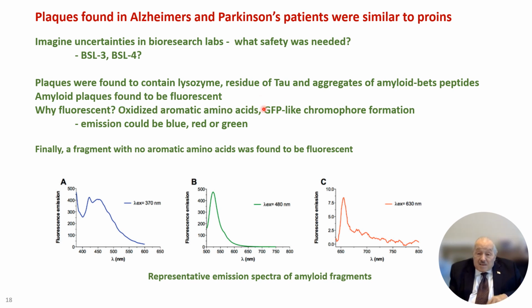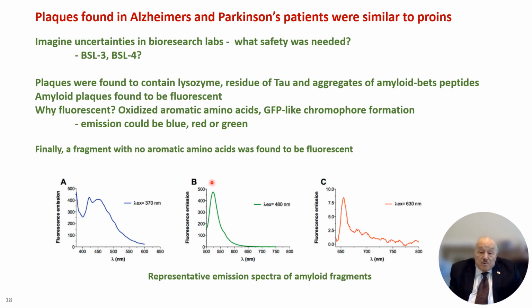The plaques were at first found to contain a number of proteins, but it turned out they were mostly this amyloid beta peptide, and they were found to be fluorescent. And this is the reason I'm mentioning it in this lecture, because they figured, okay, they're fluorescent, it's some oxidized aromatic amino acid, some GFP type chromophore. Where does the fluorescence come from?